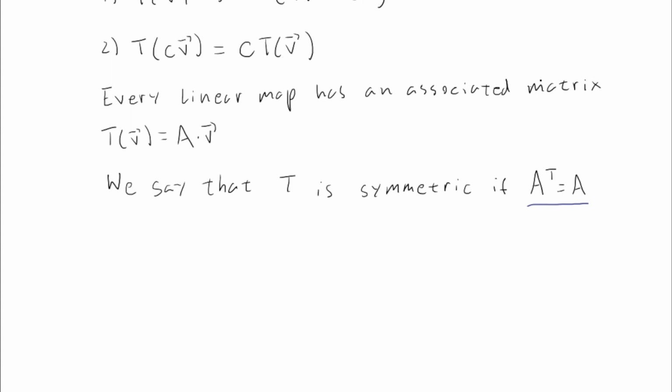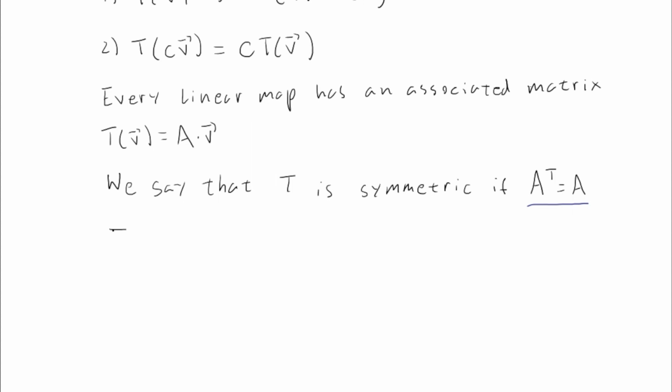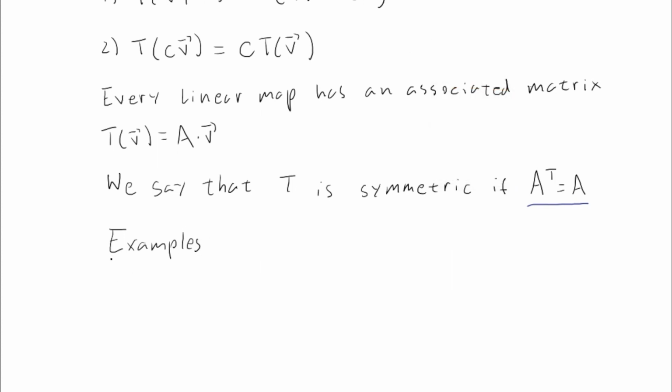So one of our first goals is going to be to say, what does it mean for a linear map to be symmetric without referring to the matrix A? But first, let me discuss a few examples just to refresh your memory. Let's talk about whether they are symmetric or not.